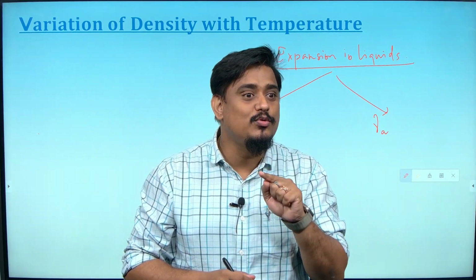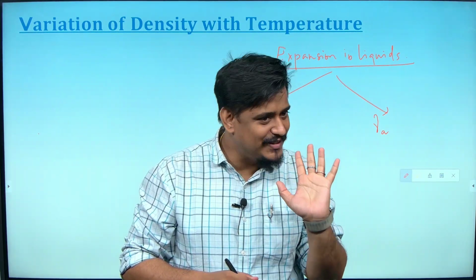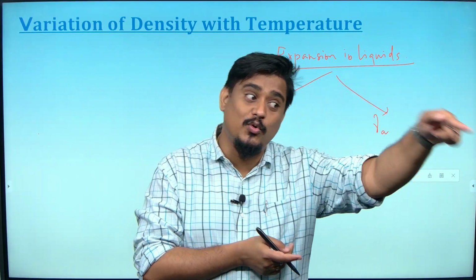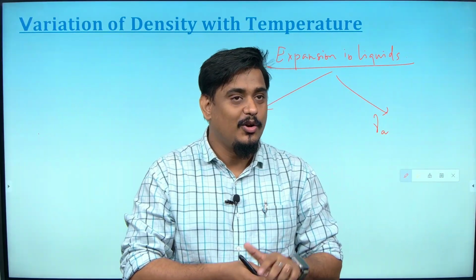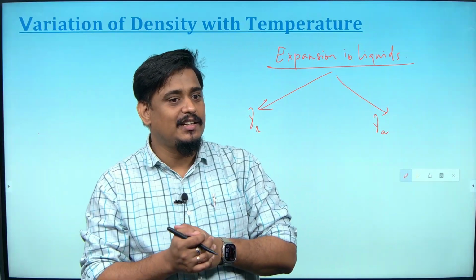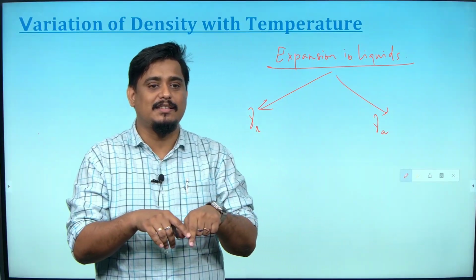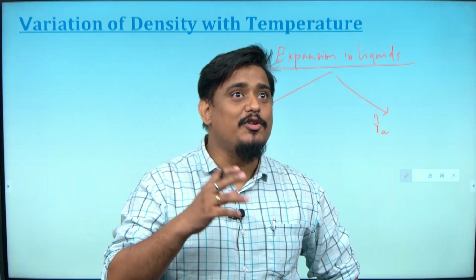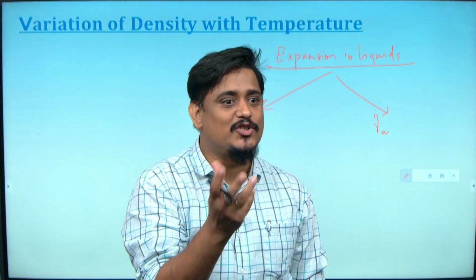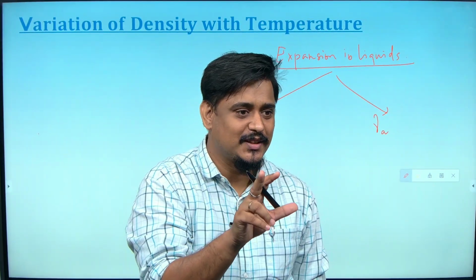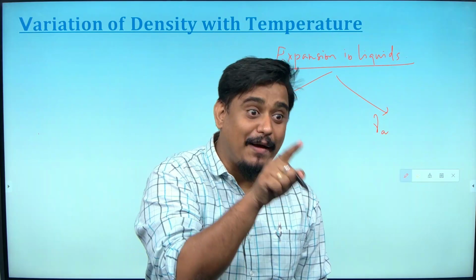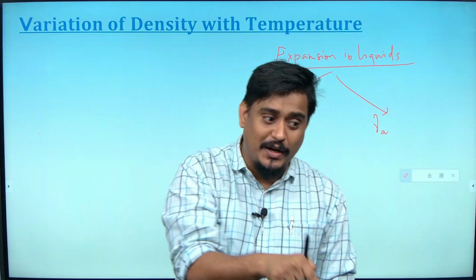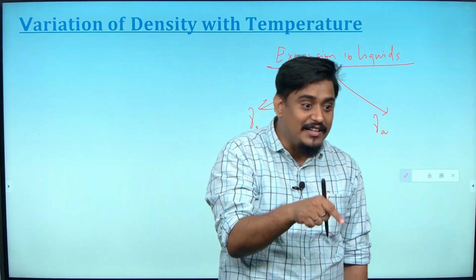Heat will first go to the container, and then get transferred to the oil. Not only the oil expands, the container also expands because of heat. So whatever expansion you get is not the real expansion. It is the apparent expansion, because it is the expansion of the liquid as well as the solid in which the liquid was kept.